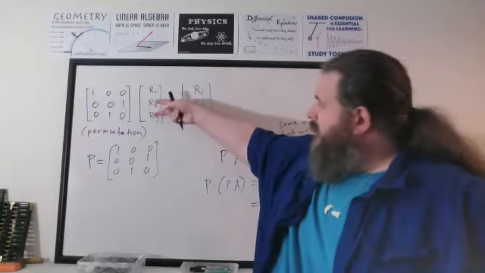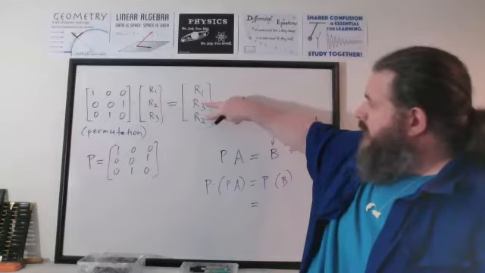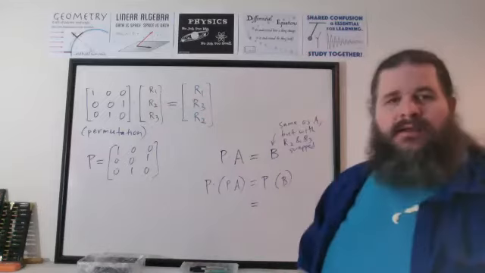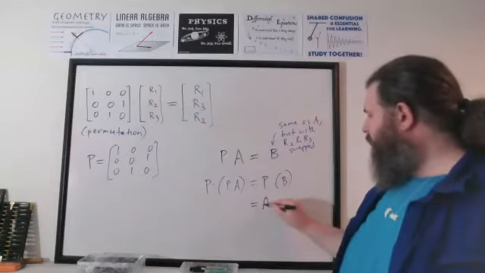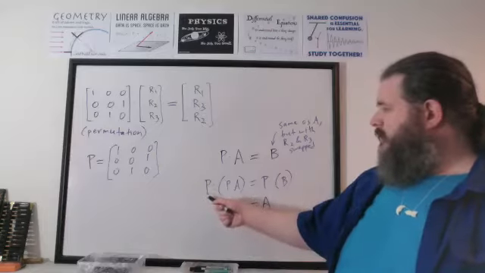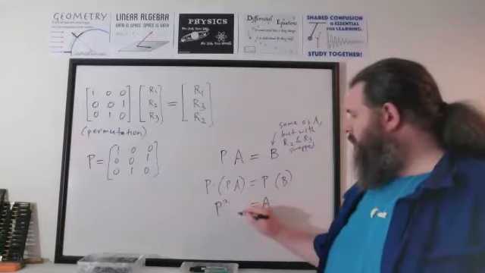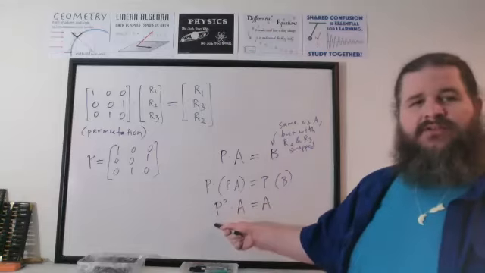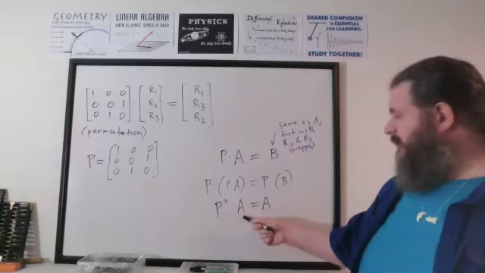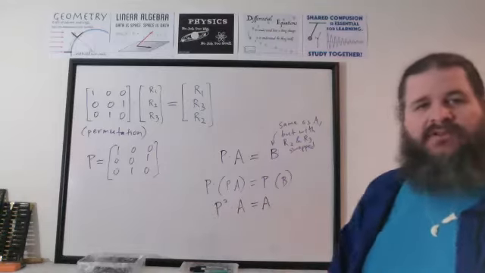Because if matrix P swaps row 2 and row 3, but then you swap row 2 and row 3 again, you get back to the original. And we could also write P times P as P squared. So a permutation matrix squared times any matrix A equals that same matrix A.